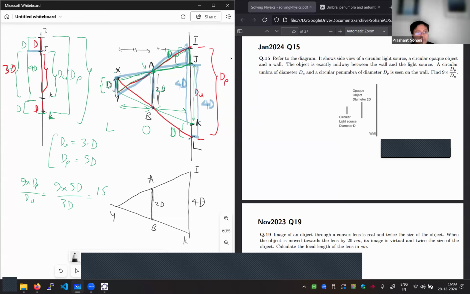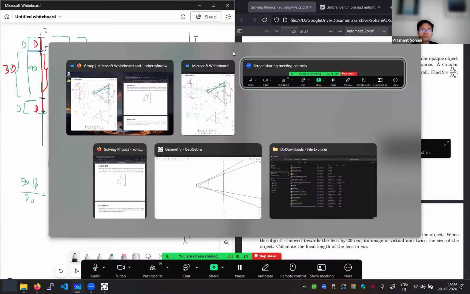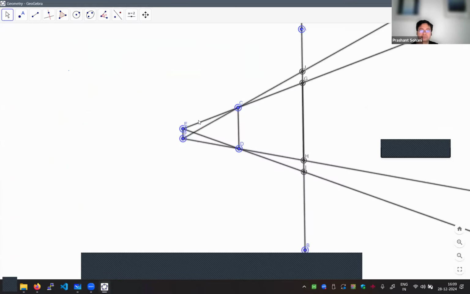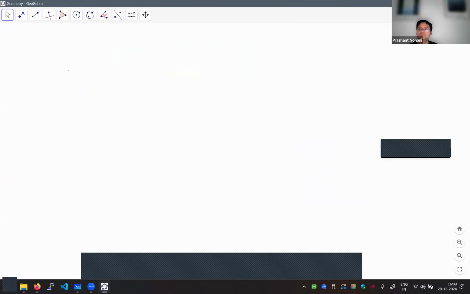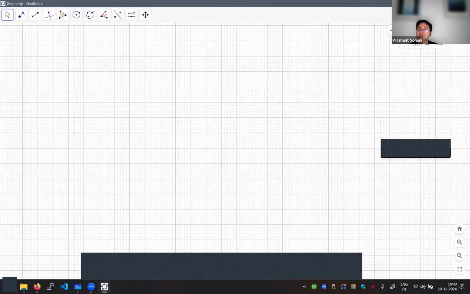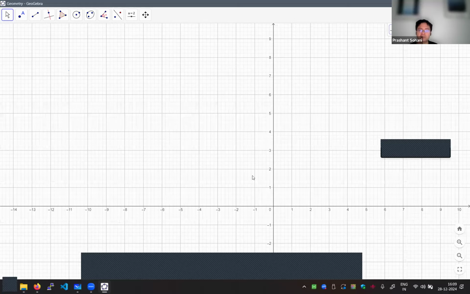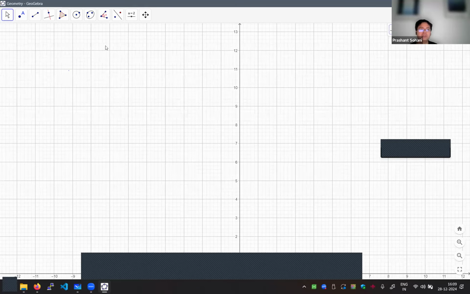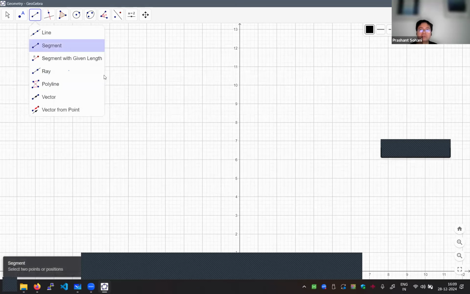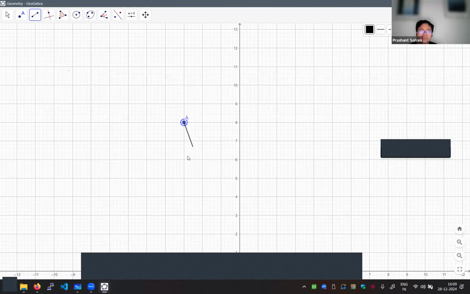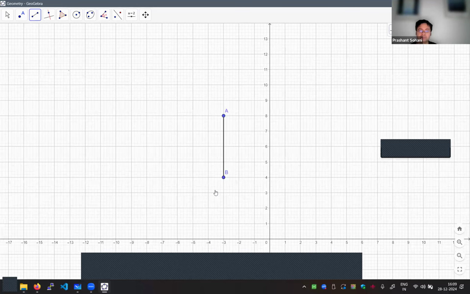Yeah, okay, sure. In fact, again, let me draw the diagram accurately. Maybe that will help. Okay, so let us say that this vertical line is our screen, and let me draw.